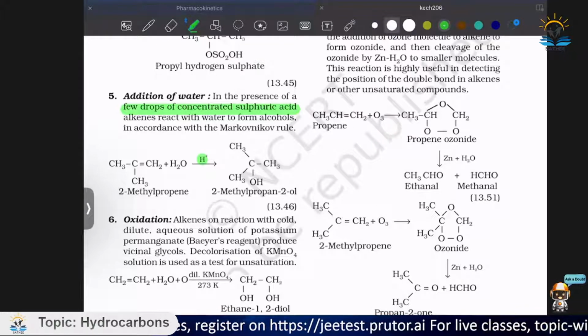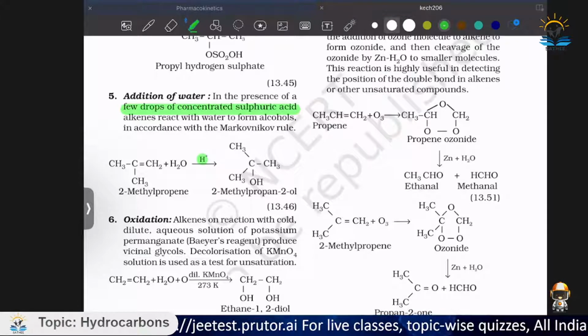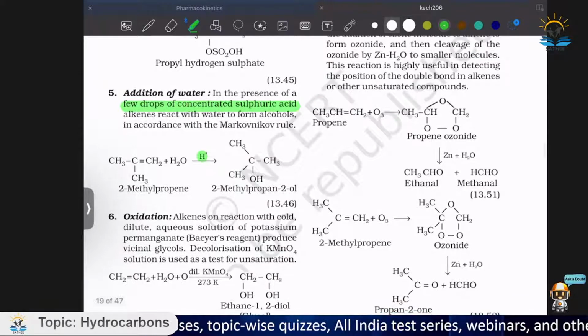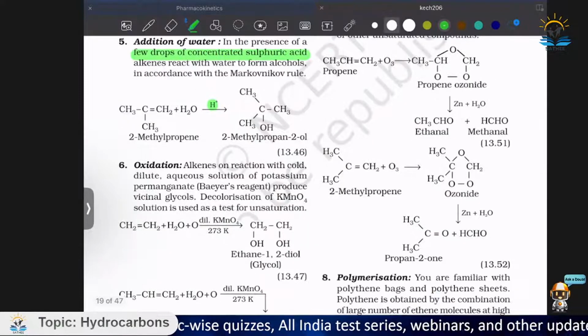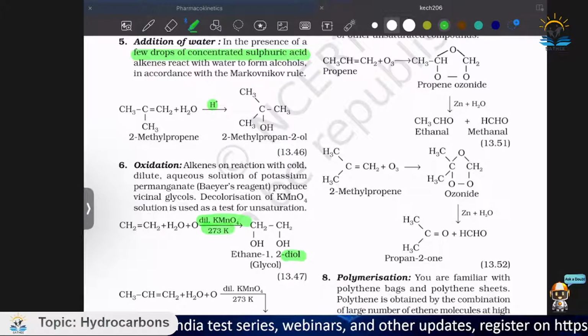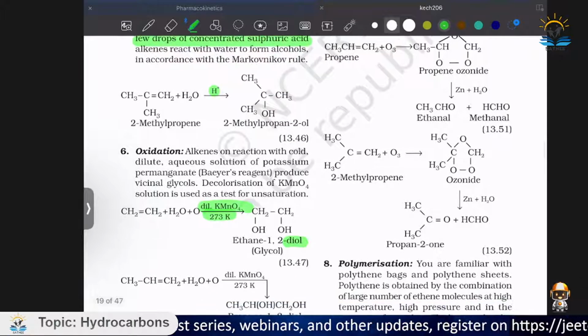Moving on, we have oxidation reactions. Alkenes will get oxidized to diols on reacting with dilute KMnO4. See, diols.